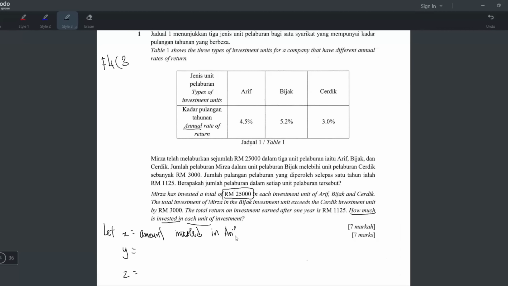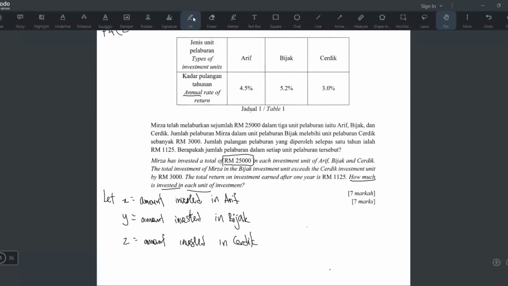And then y will be the amount invested in Bijak. And then z is the amount invested in Cerdik. And you should know that the x, y, z should be in RM because these are all amounts. Yeah, semua adalah RM. So now we can write our equations.